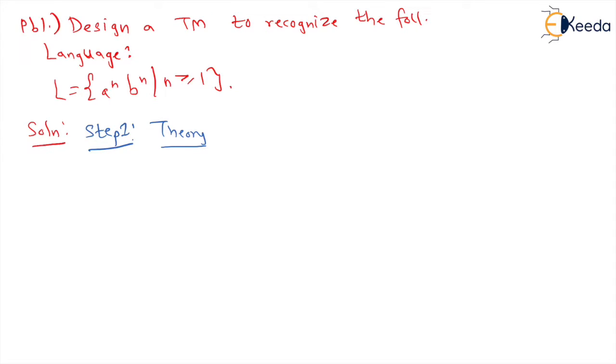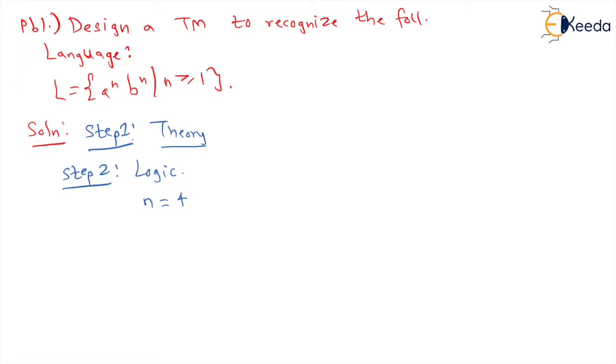Going ahead to my step 2, which is going to be the logic. As far as the logic is concerned, I would highly recommend that you consider some value of input. Over here, I am considering n's value as 4.